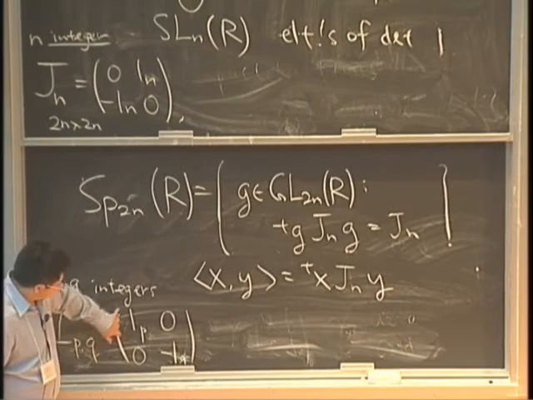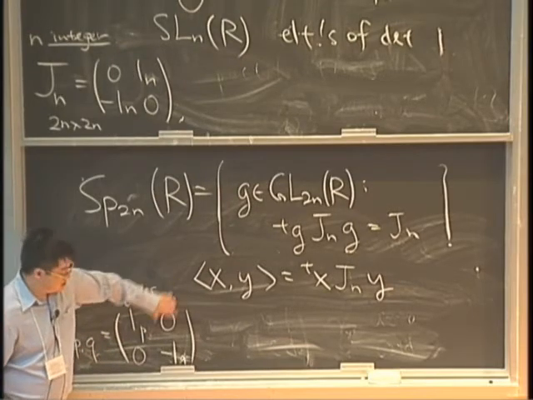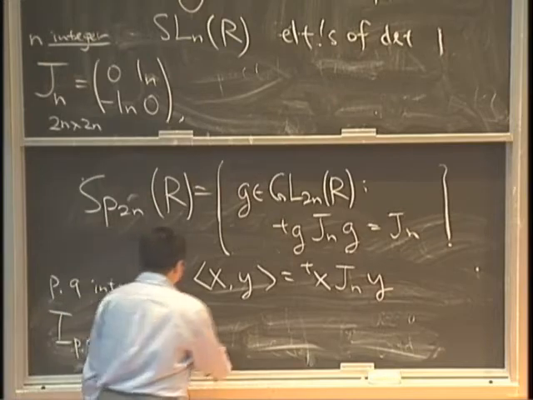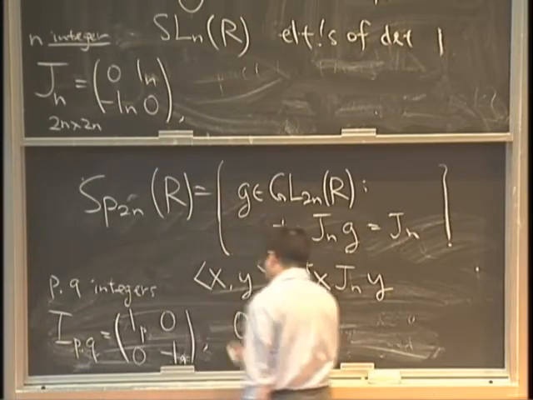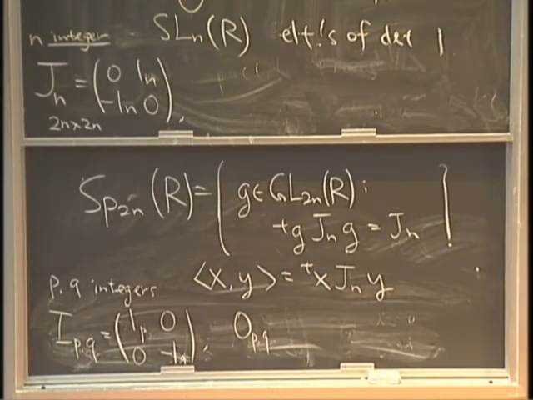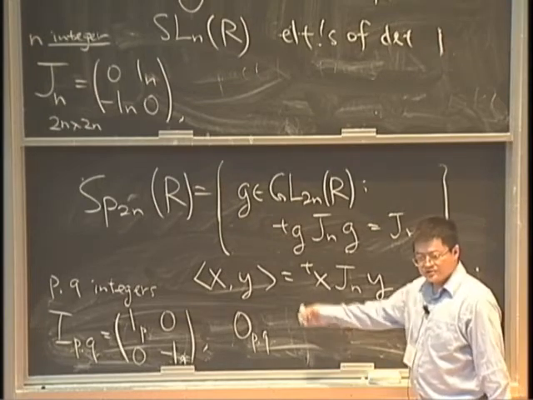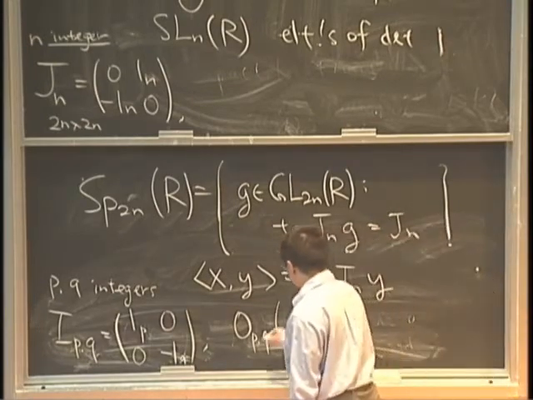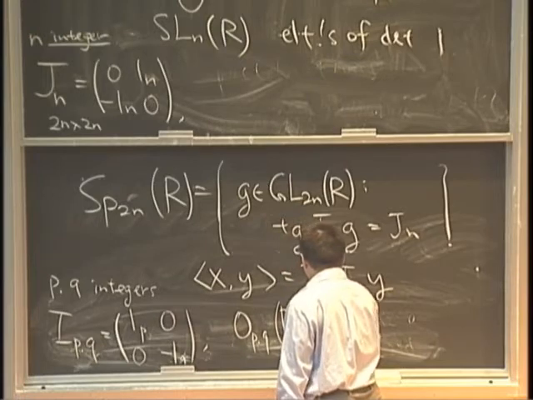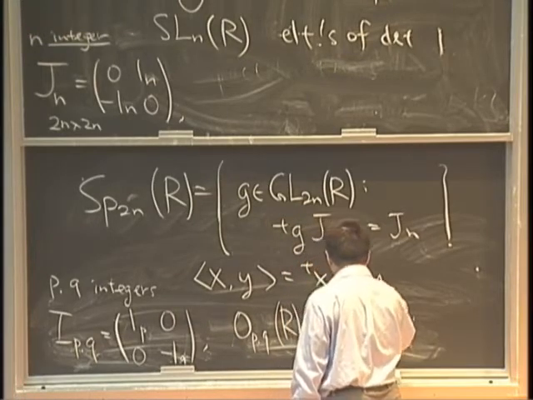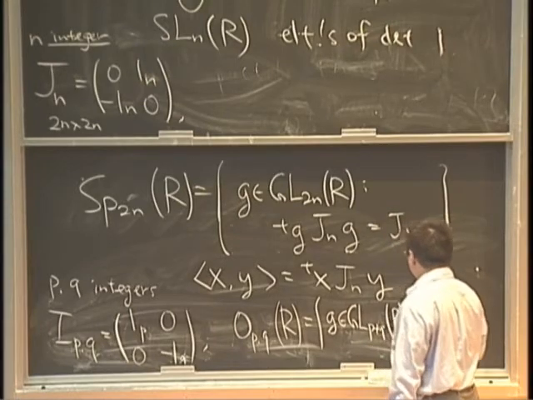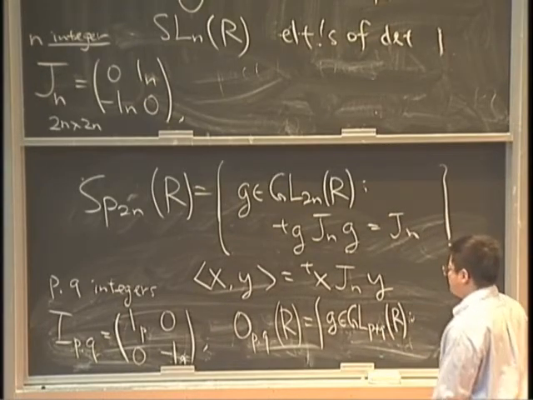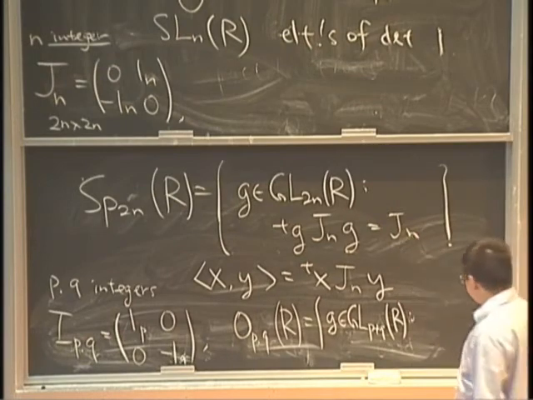So you have to just think about this as a p by p block, and these have the corresponding sizes. Then you can define, for example, the orthogonal group. Let me first clarify that these are not the only ways of defining these things, just some ways. But anyway, I'm going to abuse the language a little bit and call these just the orthogonal group of signature (p,q). These are all the elements inside GL_{p+q}. And you can probably guess what I'm going to write. So again, this is going to preserve the pairing defined by this.